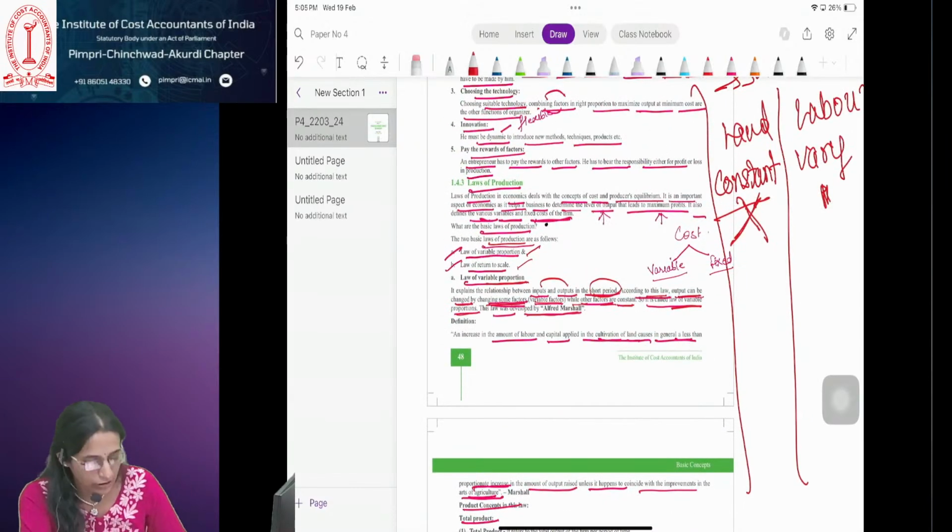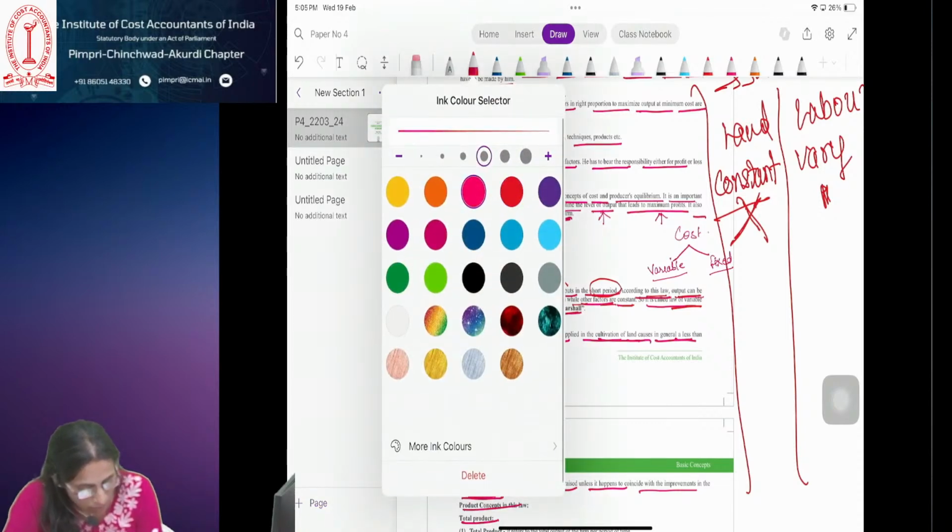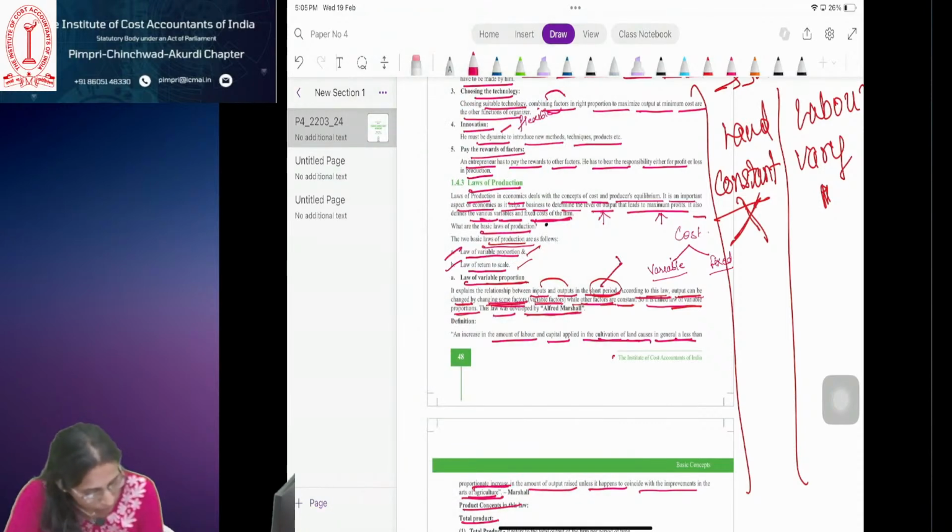Now we will see the theoretical definition they have given here. Law of variable proportion: it explains the relationship between input and output in the short period. What we discussed is important to remember: this law of variable proportion is only for the short period, right?